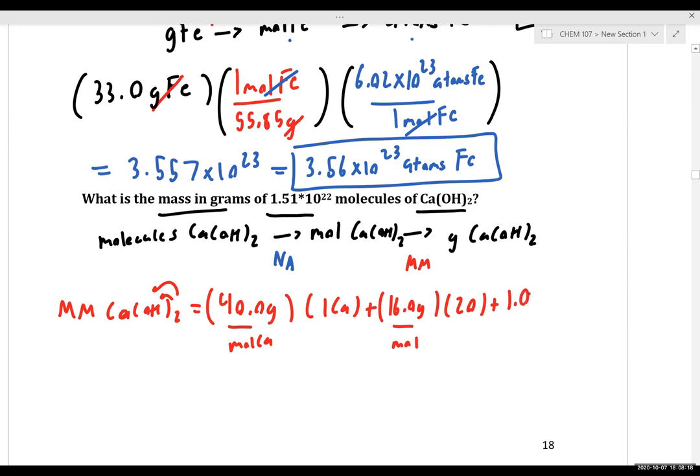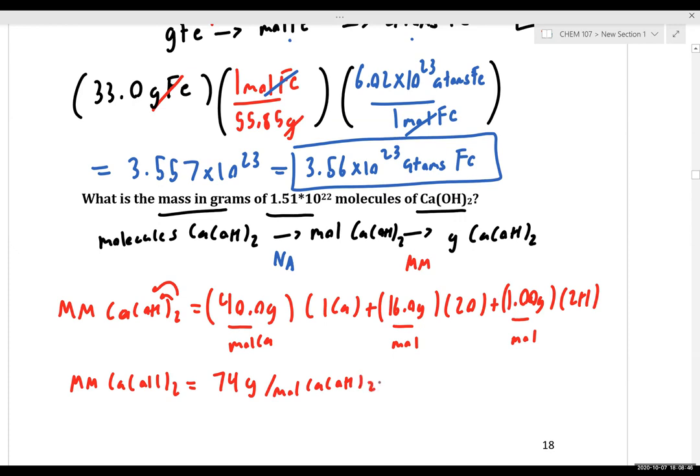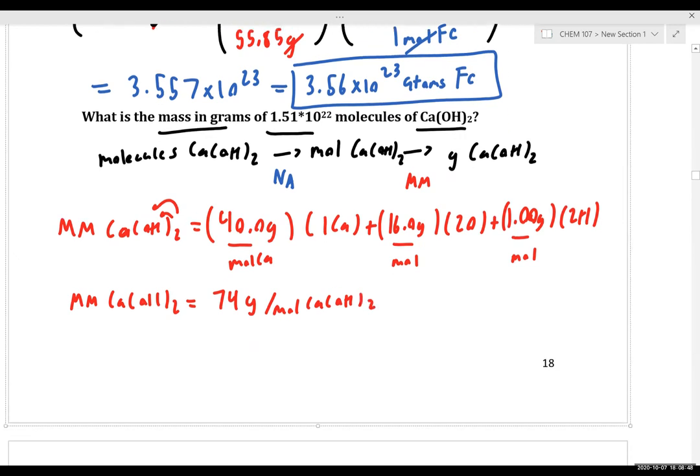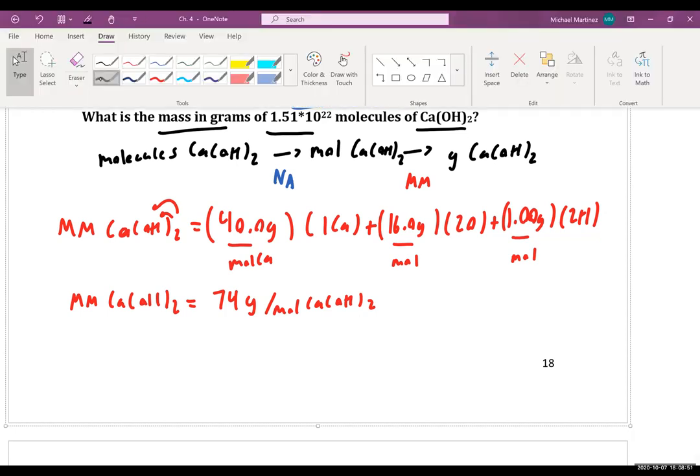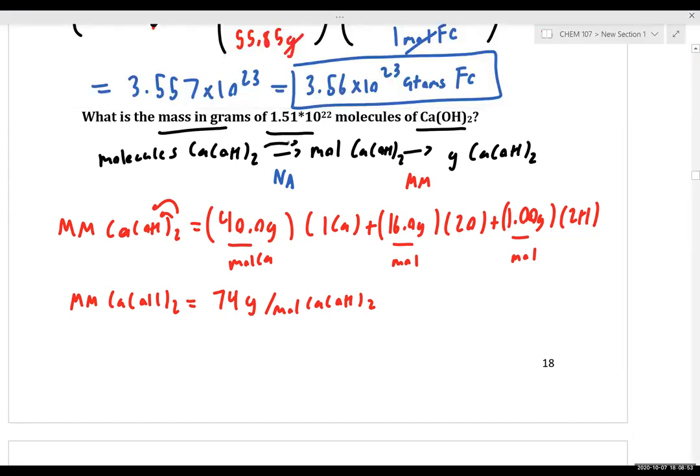Then we take our mass of hydrogen, which is 1.00 gram per mole, and we know that we have 2 hydrogens. That gives us a molar mass of calcium hydroxide of 40 plus 32 plus 2 of 74 grams per mole of calcium hydroxide. Perfect. So now we have all the pieces that we need to execute on this problem.